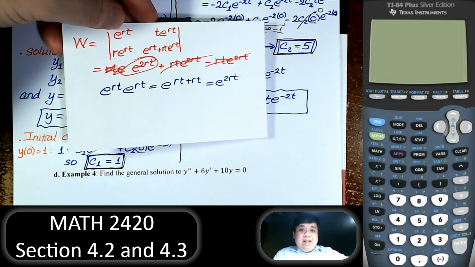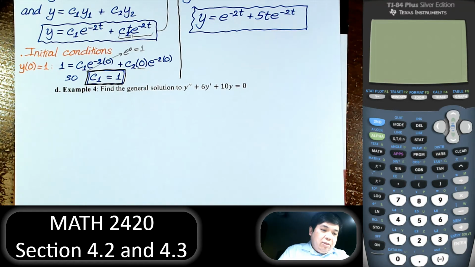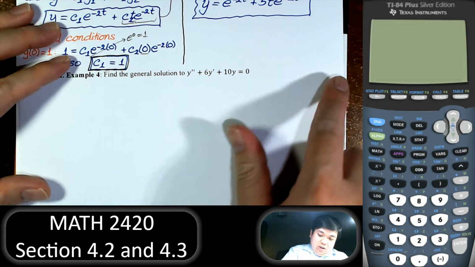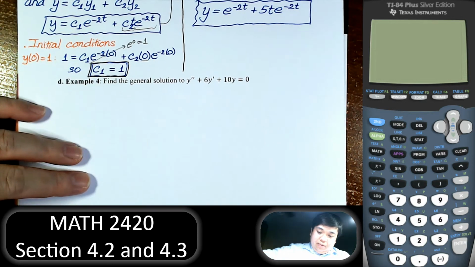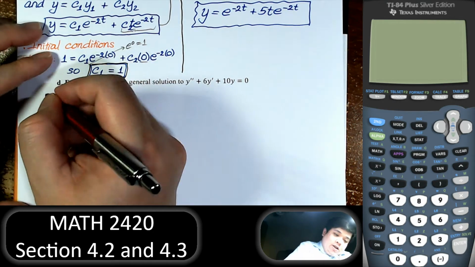We did show that it is linearly independent. Simple, because this is just the solution, no initial condition. So just go to the solution here. Auxiliary equation.